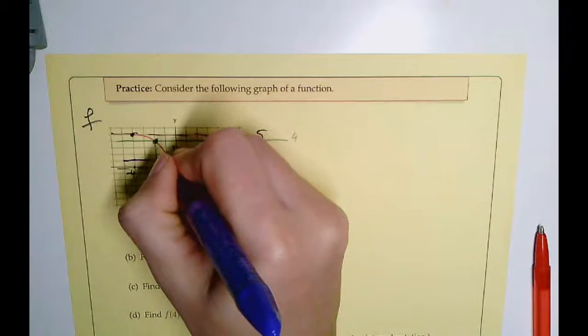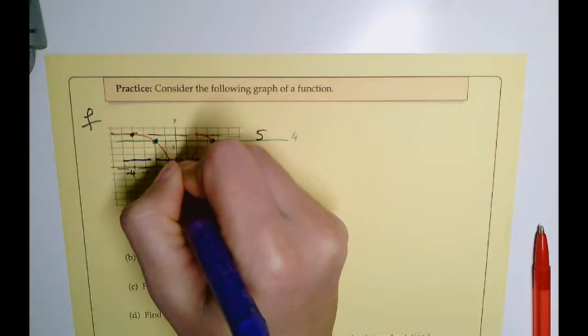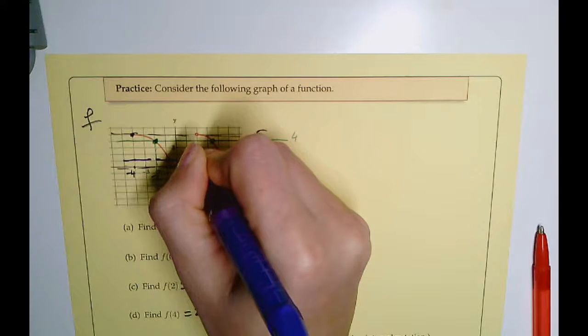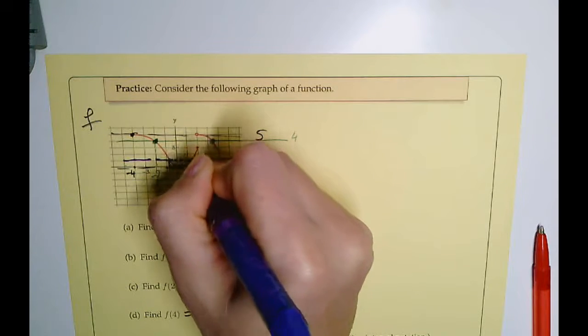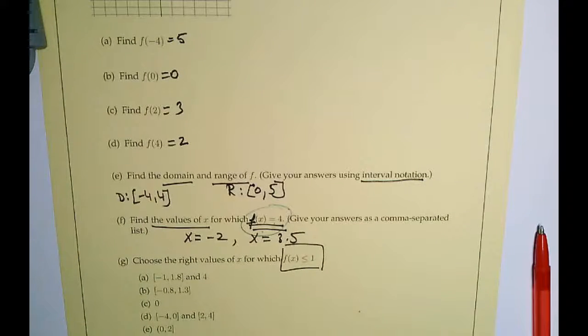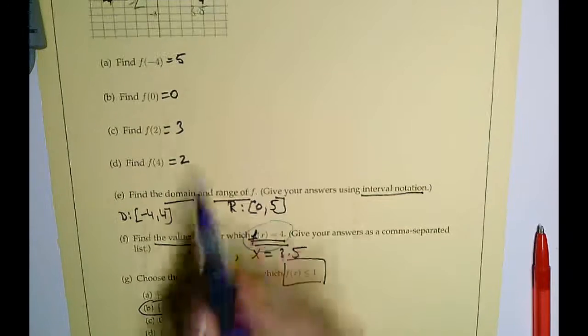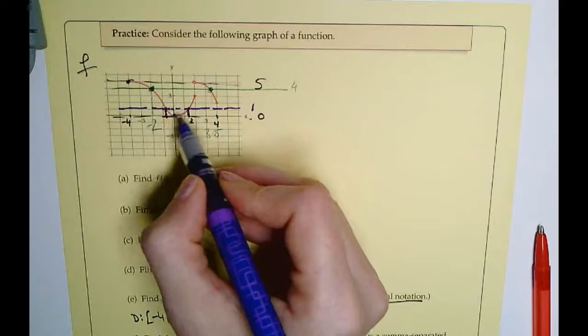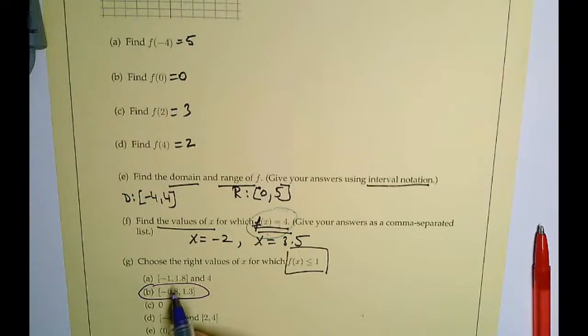Well, it looks like between almost negative 1 and then 3 point something. If you look at your choices, the one that is almost negative 1 to something above 3 is this one. Between those two x values, the graph is less than or equal to 1. And the fact that it's equal to 1 is taken into account when we put brackets.